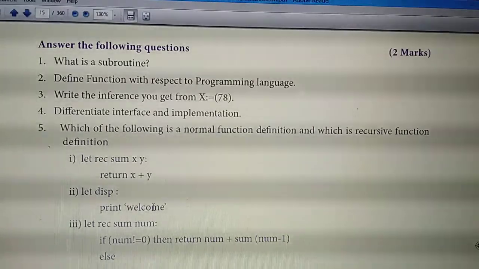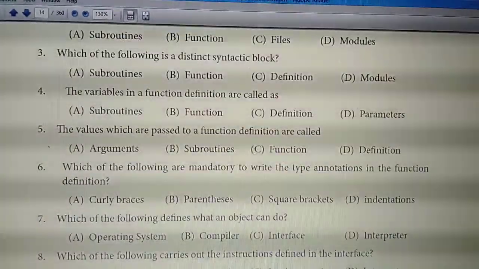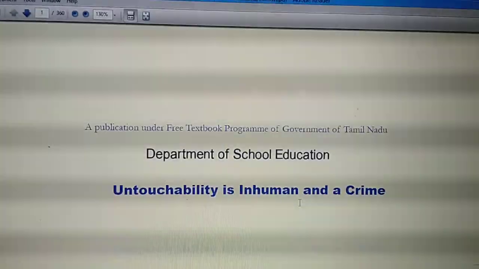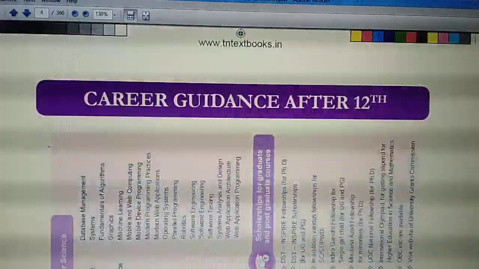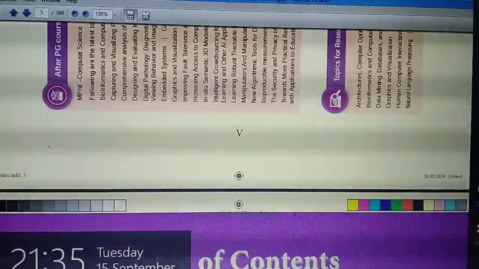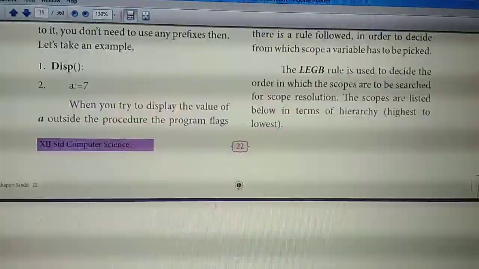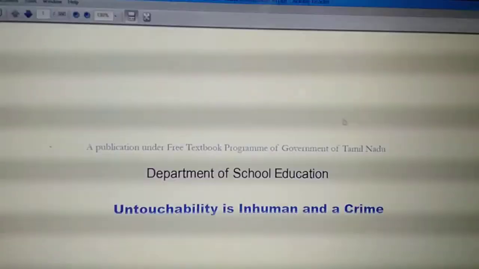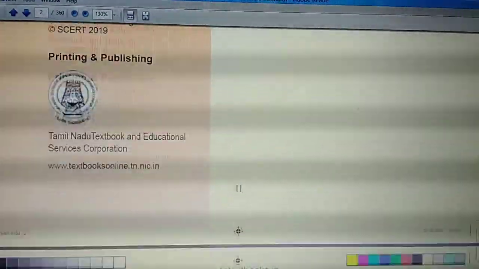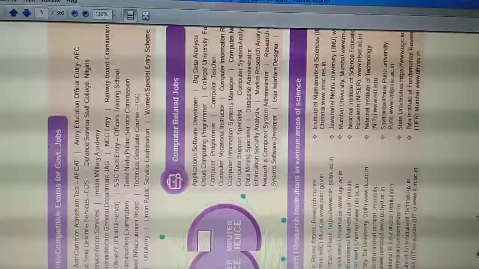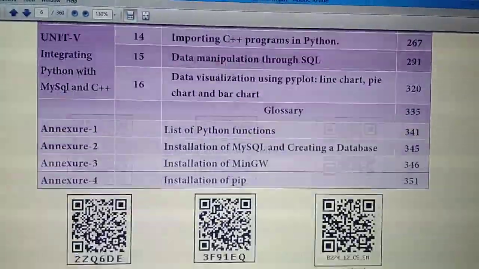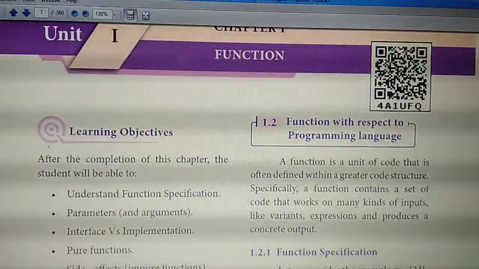All of you take page number 1. Yes, page number 1, first question.